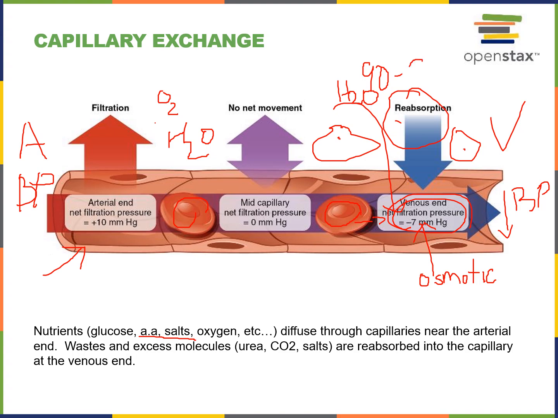And what happens with the last 5% of the water? Well, that last 5% makes up a fluid that is always surrounding cells. It's called tissue fluid or interstitial fluid. It's a fluid that bathes cells, B-A-T-H-E-S.